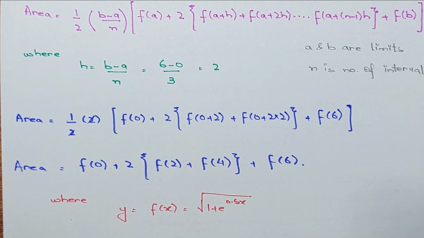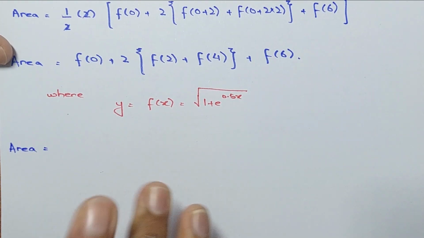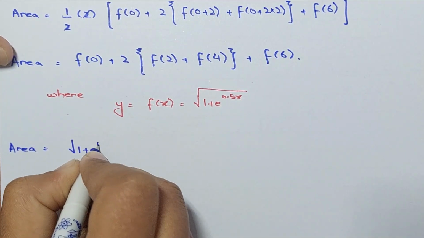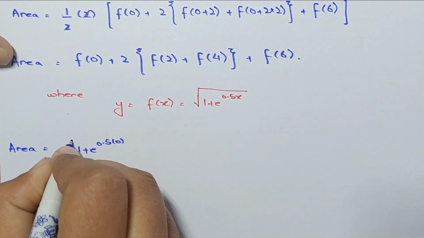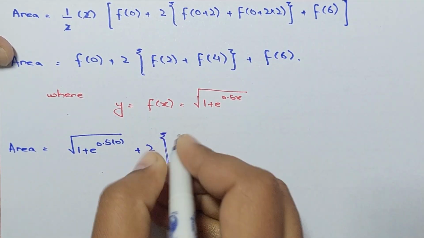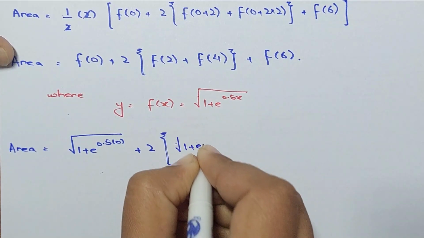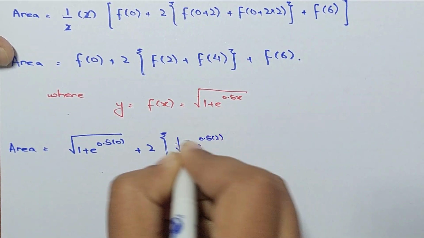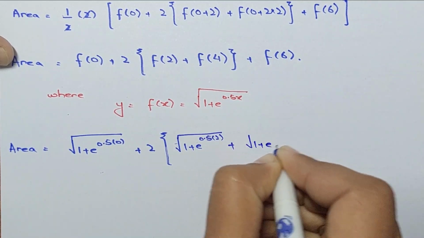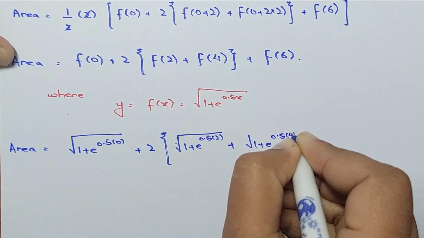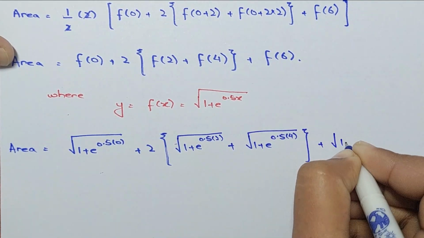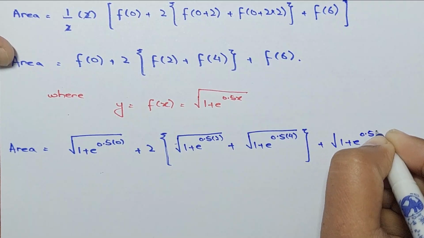Now my area is f of 0, which is square root of 1 plus e to the power 0.5 into 0, plus 2 times f of 2, square root of 1 plus e to the power 0.5 into 2, plus square root of 1 plus e to the power 0.5 into 4, plus square root of 1 plus e to the power 0.5 into 6.